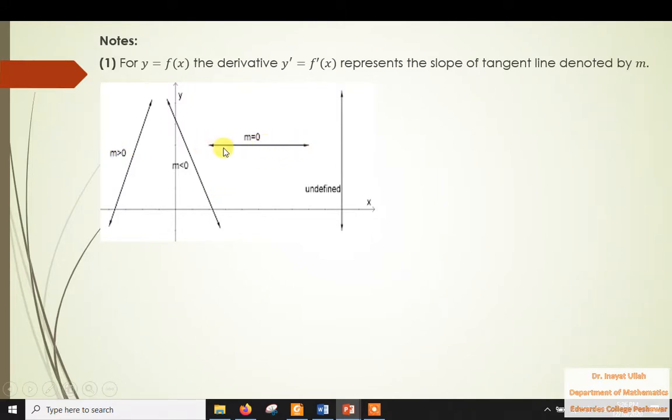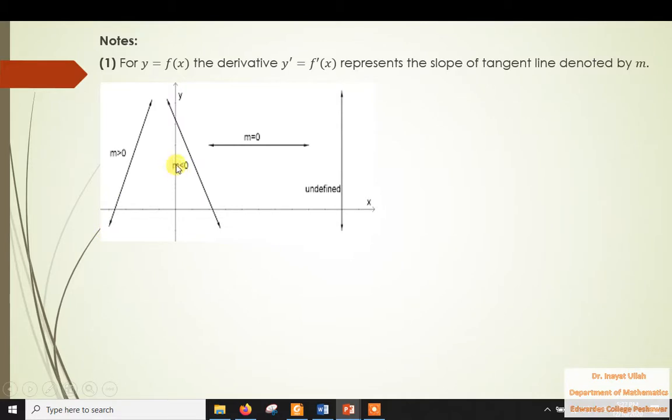Now you see here that this line is parallel to the x-axis. Whenever a line is parallel to the x-axis, its slope will always be equal to 0. Remember that we are talking about the slope of a line, which may be a tangent line. The slope of a tangent line is actually the derivative of the function. So whenever the derivative of the function is positive, the line is just like this one. Whenever the derivative is negative, the line is just like this one.